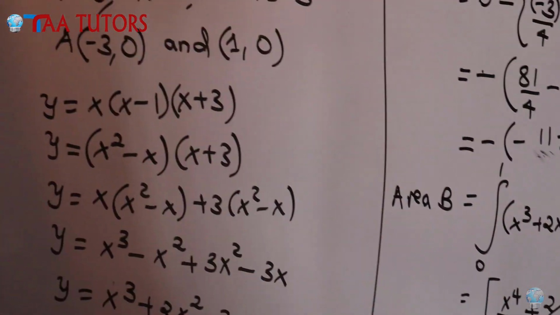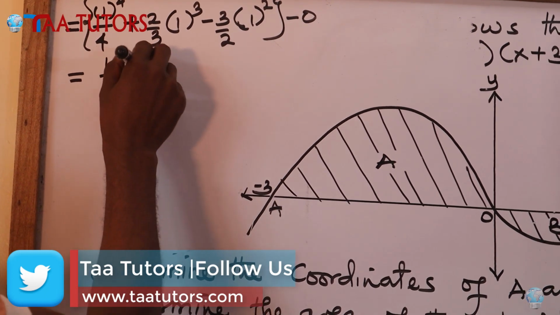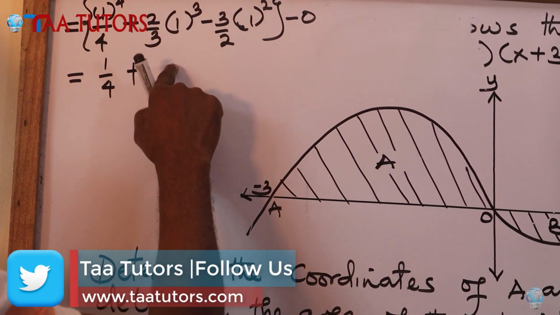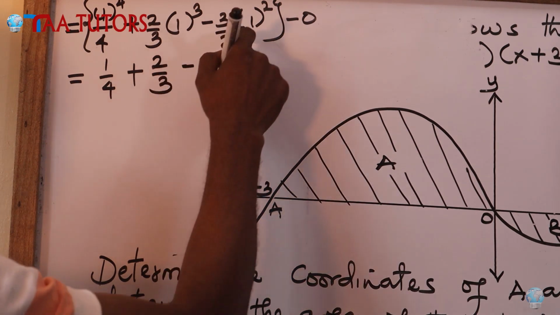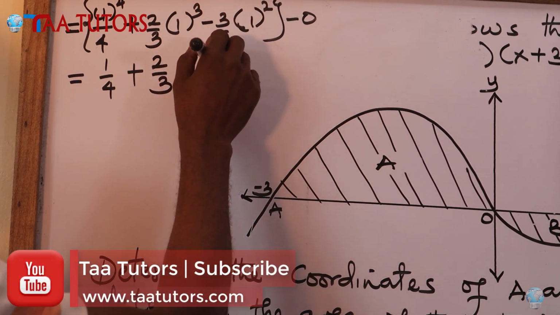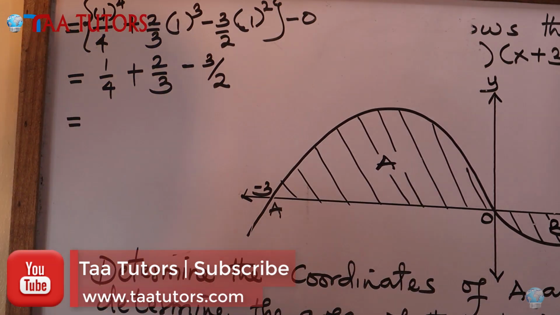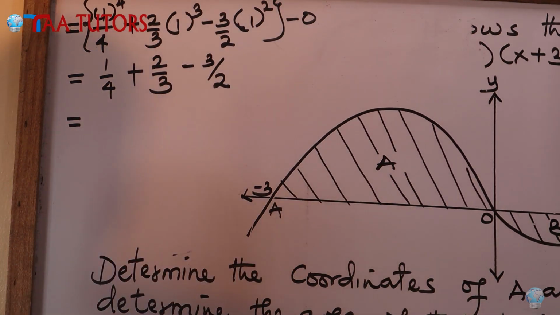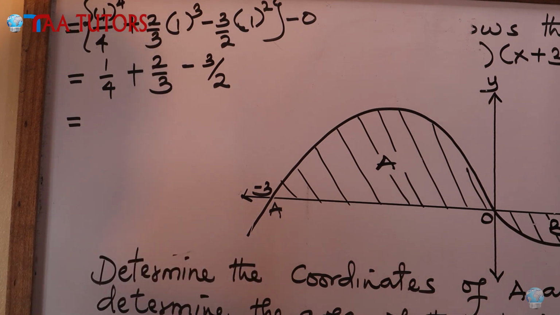Again, 1 power 4 is 1 over 4 plus 1 power 3 is 1, so this is 2 over 3, minus 1 squared is 1, so 3 over 2. So if I do that, I'll get 1 over 4 plus 2 over 3 minus 3 over 2.